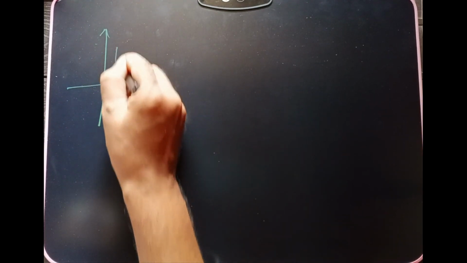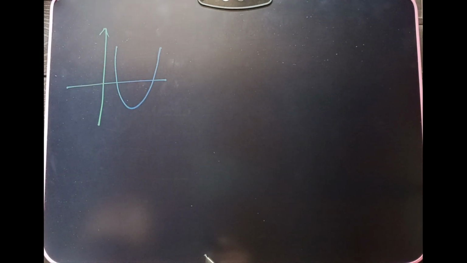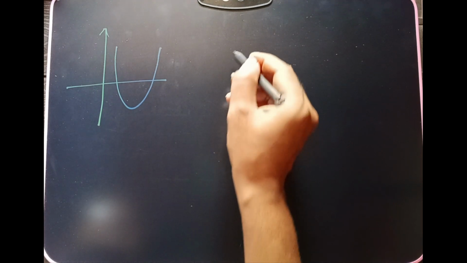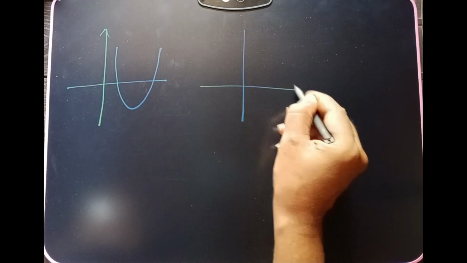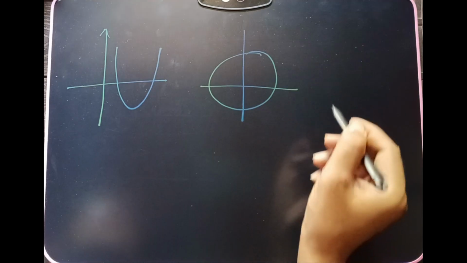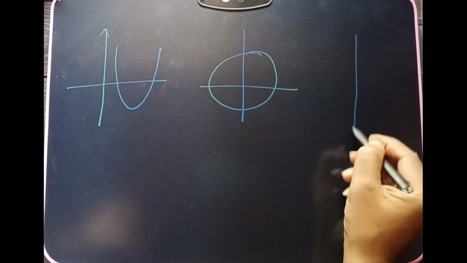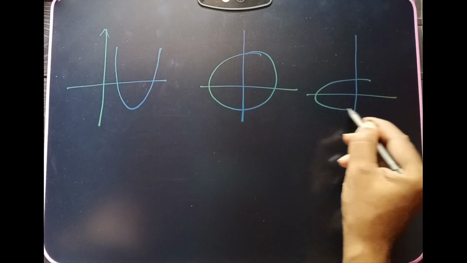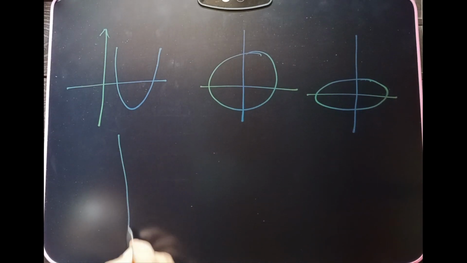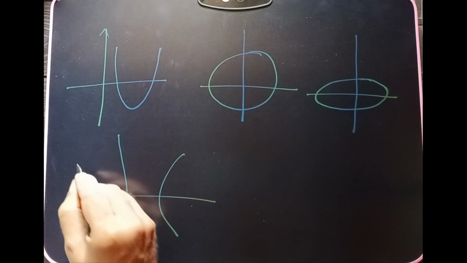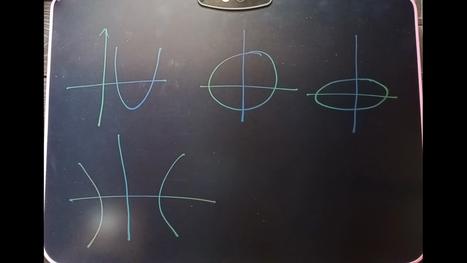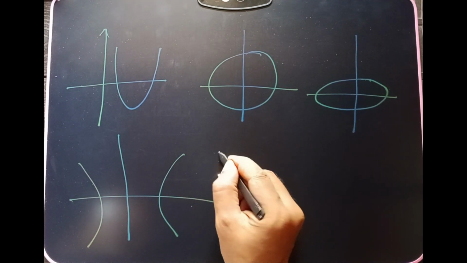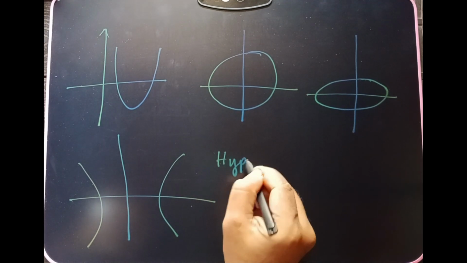This is the parabola. Then we have seen a circle, then an ellipse, then hyperbola. And for each of these, we have seen the equation. I'll start with hyperbola.